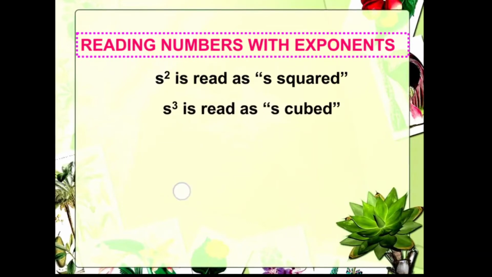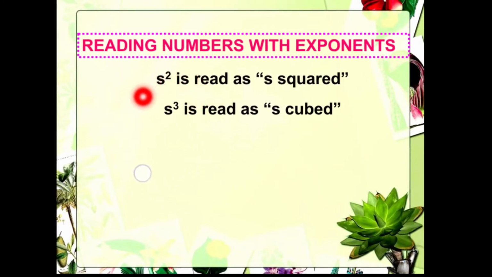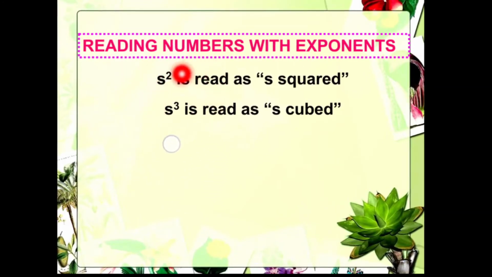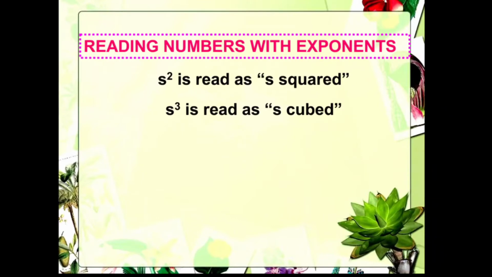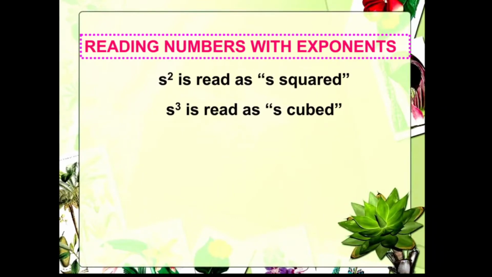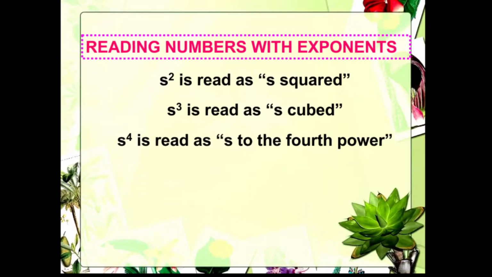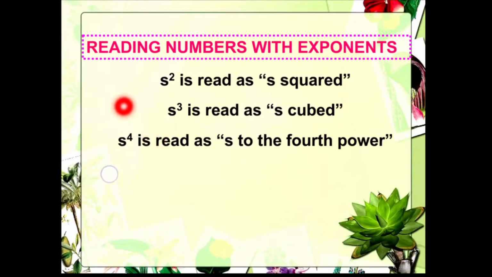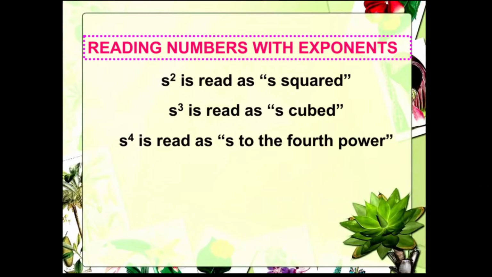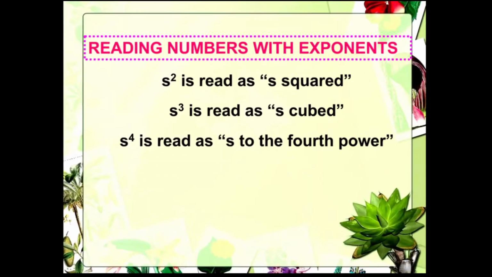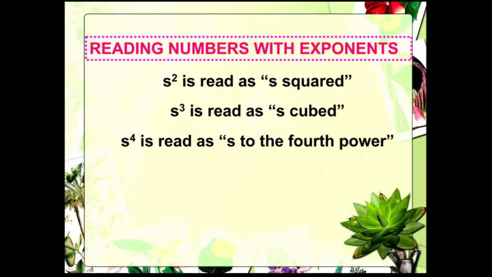Next, the exponent now is 3. In that case, you can read that as s cubed. If the exponent is 3, that is automatically cubed. How about when the exponent is 4? We can read that as s to the fourth power. Then if the exponent is 5, that is s to the fifth power.